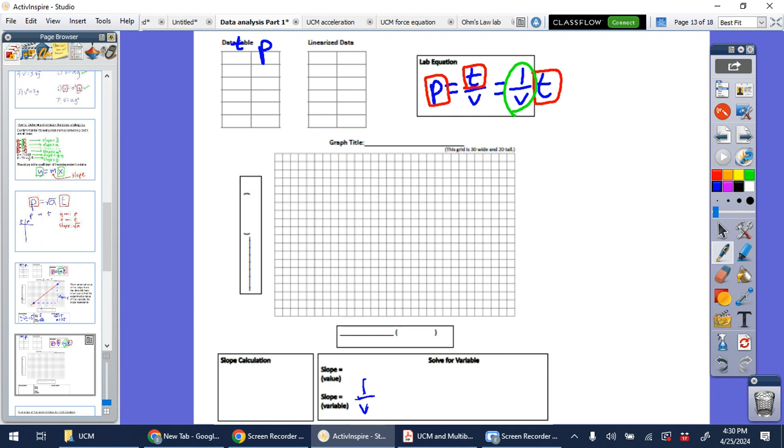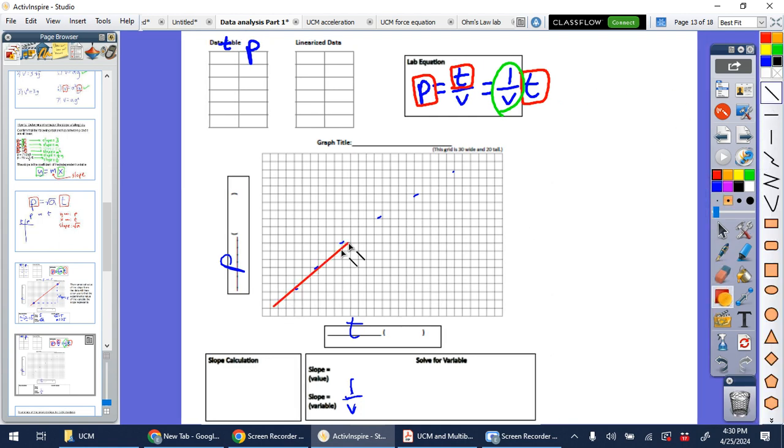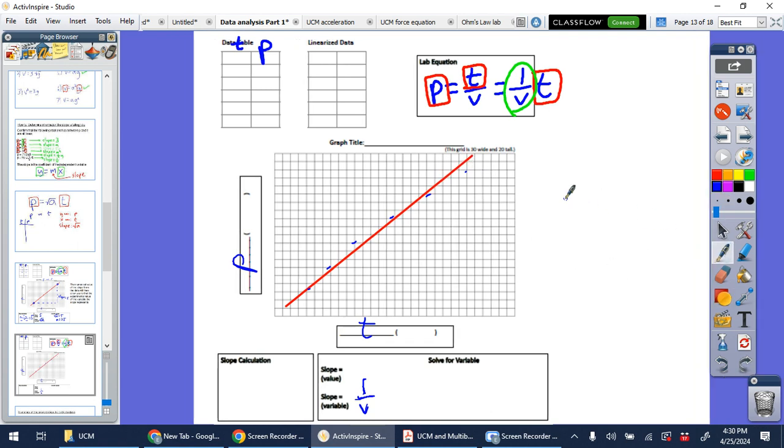And in the meantime, I already know that I'll graph the P variable here as the Y variable, the T stuff right here. So I'll grab that from a data table and plot those points. Line of best fit. I find the slope of that line, finding 2 proper points right here. So I'll show that calculation that I do right here to find that slope calculation.